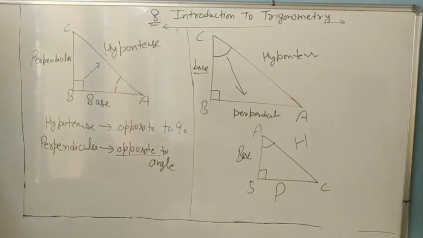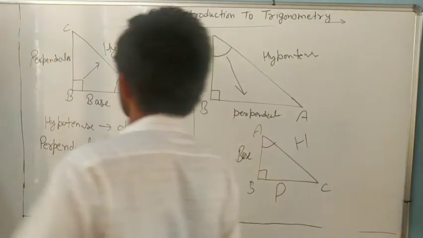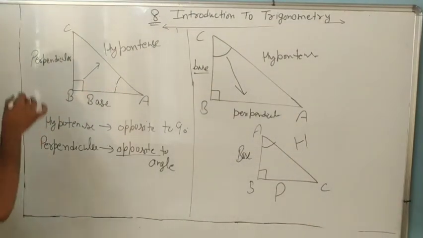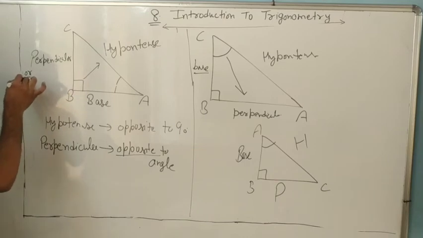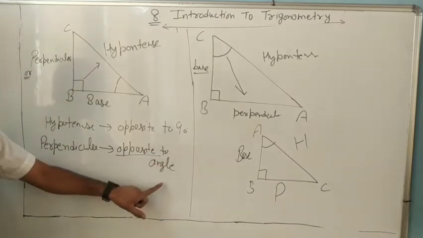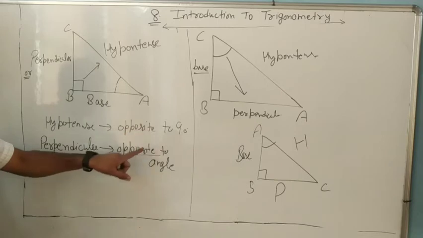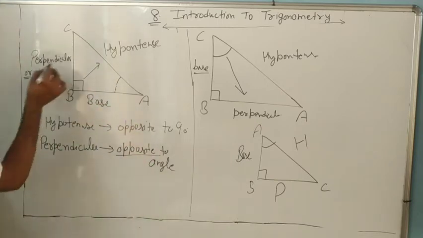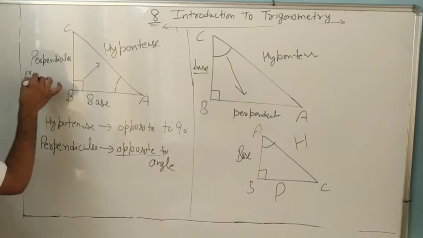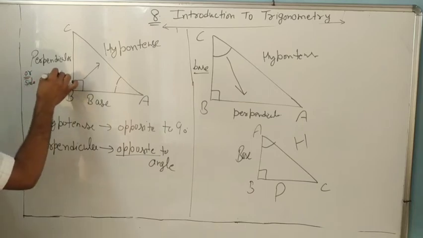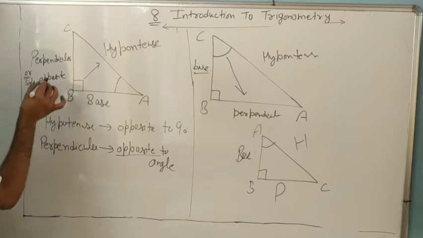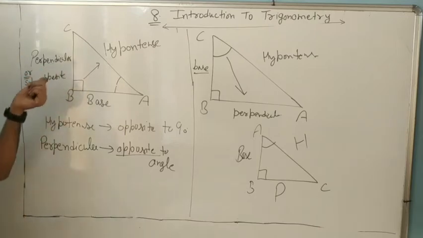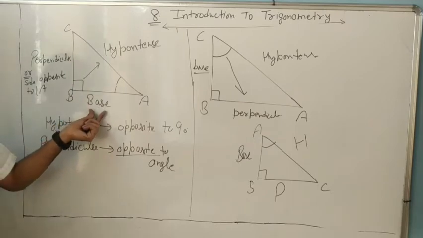And one more thing here: perpendicular means opposite to the angle. You can write side opposite to angle A. Either you say perpendicular or side opposite to angle A. Base, what can we say?